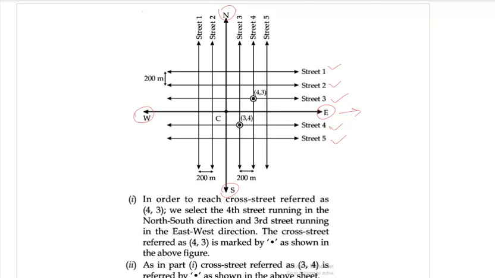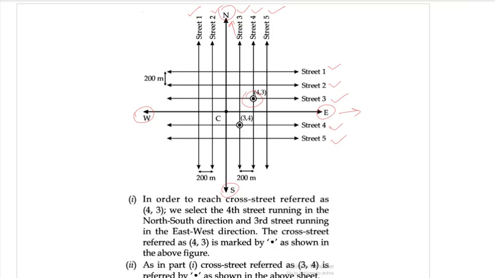And there are 5 streets, 1, 2, 3, 4, 5, parallel to the north-south street. And all these 5 streets cross those 5 streets. The 5 vertical and horizontal streets cross each other. They are not vertical and horizontal, but on a map it will look so. See, where is 4, 3? So where does the fourth street cut the third street? See, this is the point.